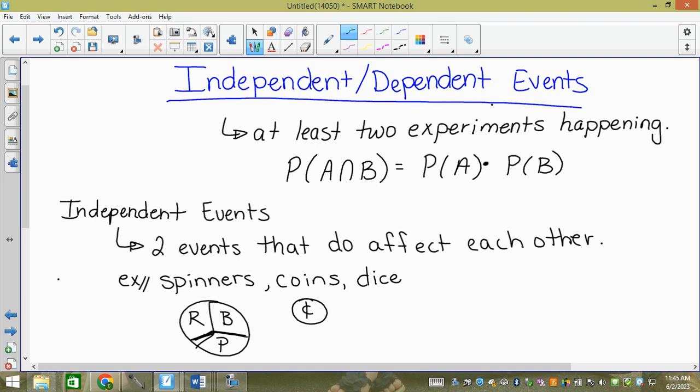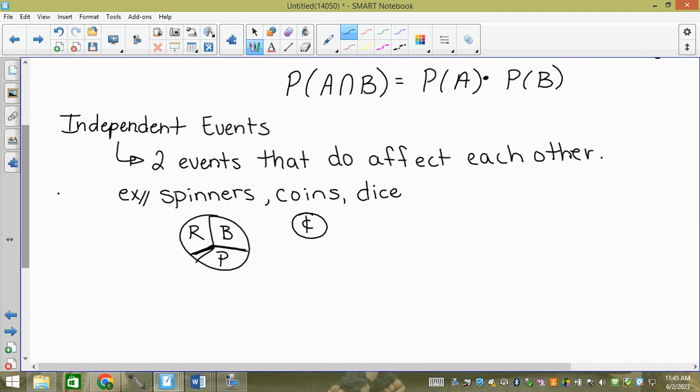Now this one's actually different. If there was 4 pink marbles, it would be like 1 out of 4. And now it would be 1 out of 3, right? Because I'm holding it. So spinners, coins, and dice are always independent. Cards, marbles, all those are independent when it says with replacement.